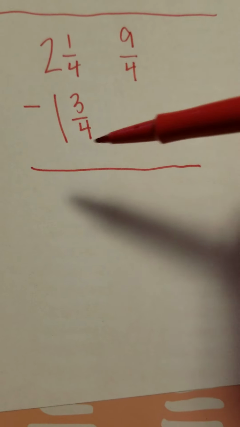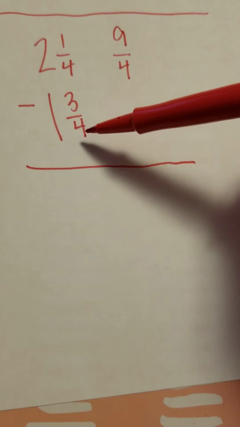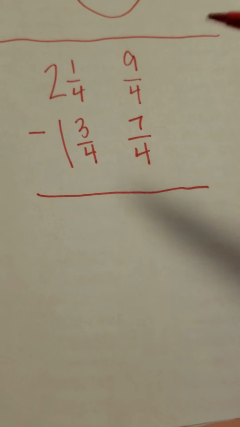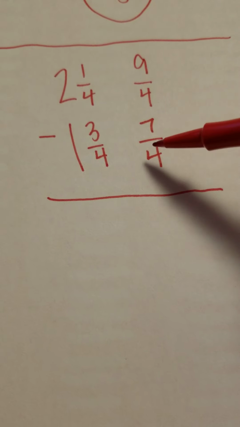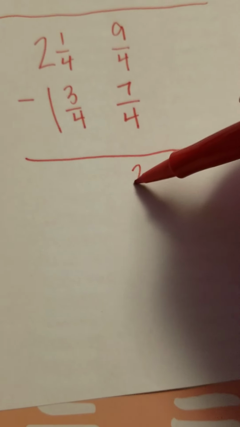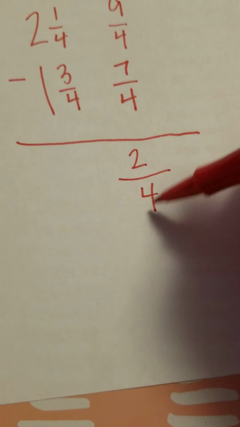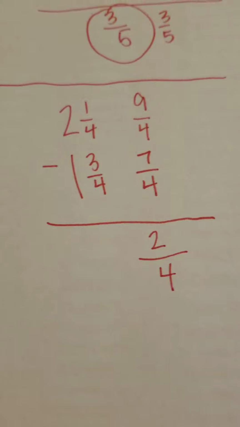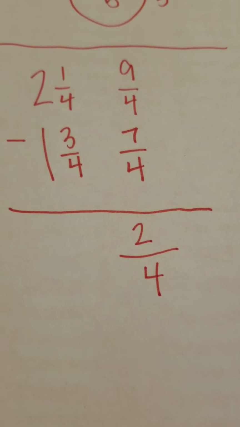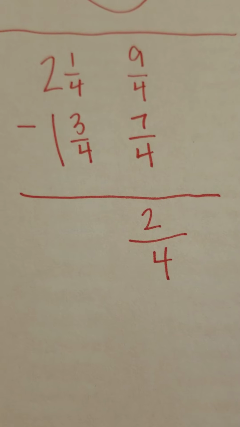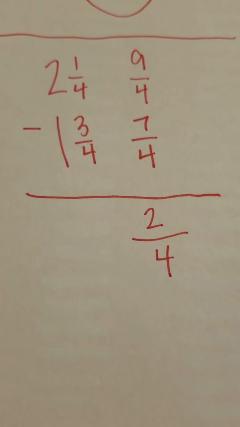This one is going to be 1 times 4 is 4, plus 3 is 7. And now it's easy peasy. 9 subtract 7 is 2. And then we keep our denominators because we never mess with our denominators when we're adding and subtracting, unless they're unlike, and then we have to change them.